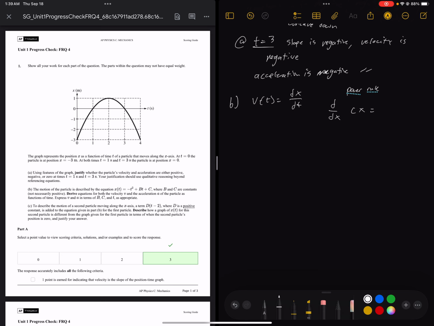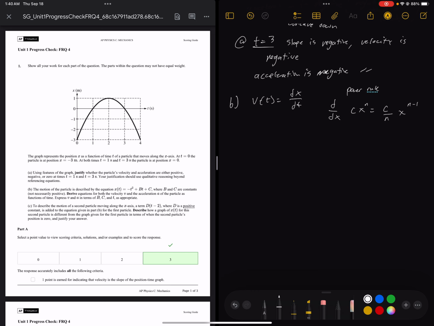So the derivative of c x to the n is c n times x to the n minus 1. That's the power rule.